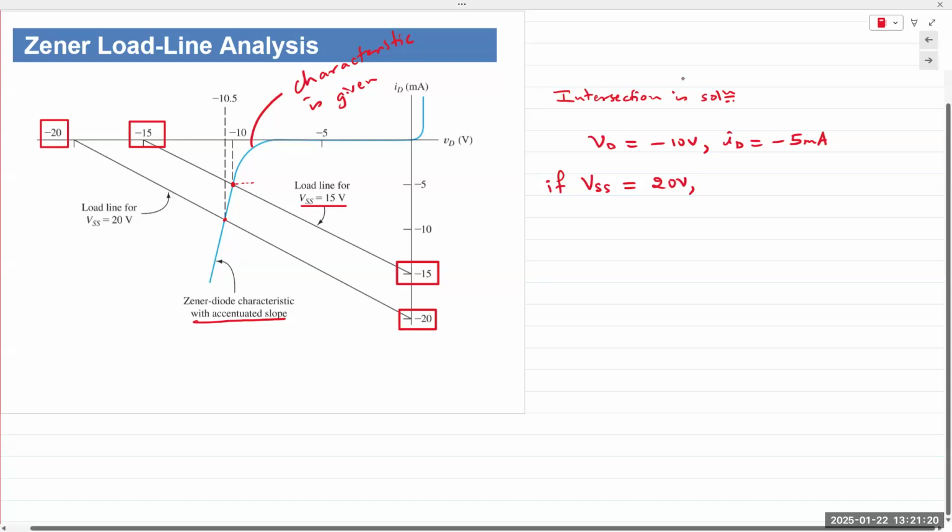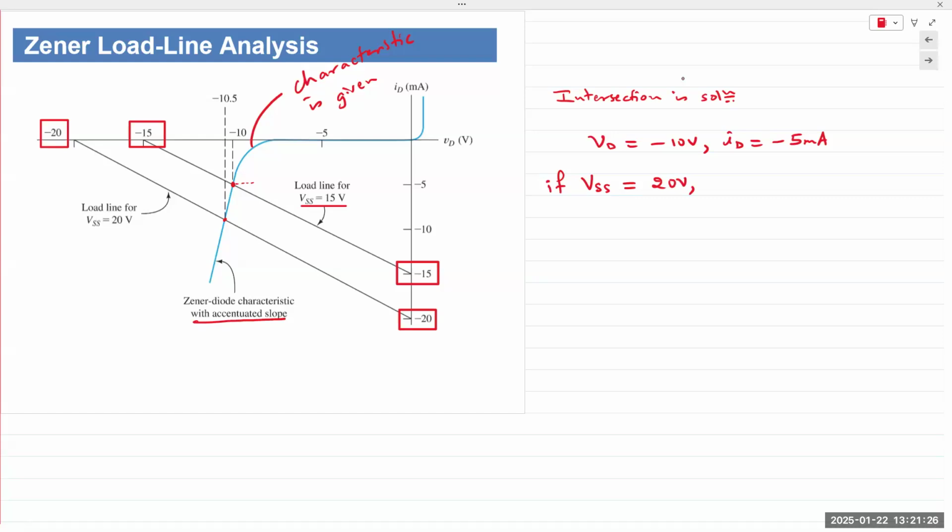Zener diode is supposed to keep the output voltage constant, right? That's the primary function of a Zener diode in reverse bias. And so we can get the intersection point, and we can find VD is minus 10.5 volts, and ID would be approximately equal to minus 10 milliamps.